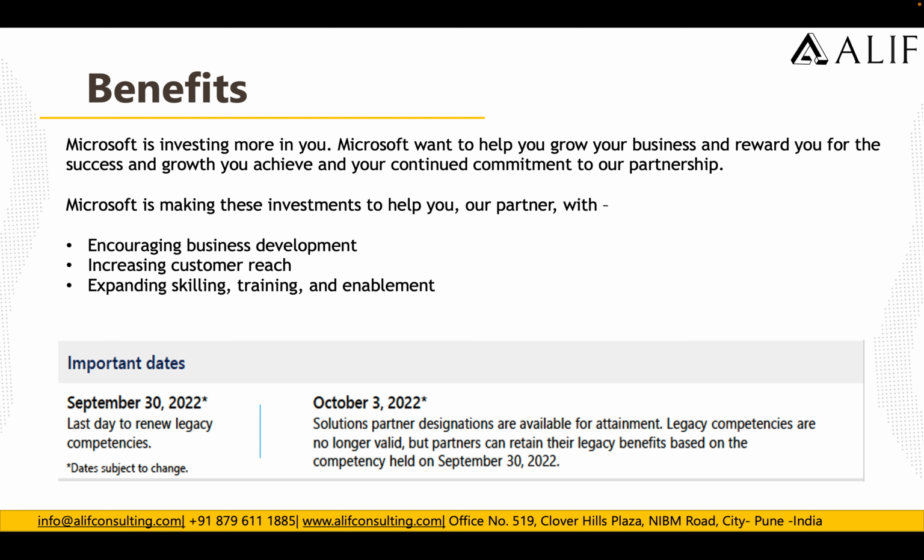If you renewed your older competencies or legacy competencies before 30 December 2022, you can use them for the next 1 year, and in October 2023, by default, all the older legacy competencies will be moved to the new solution partner designation.